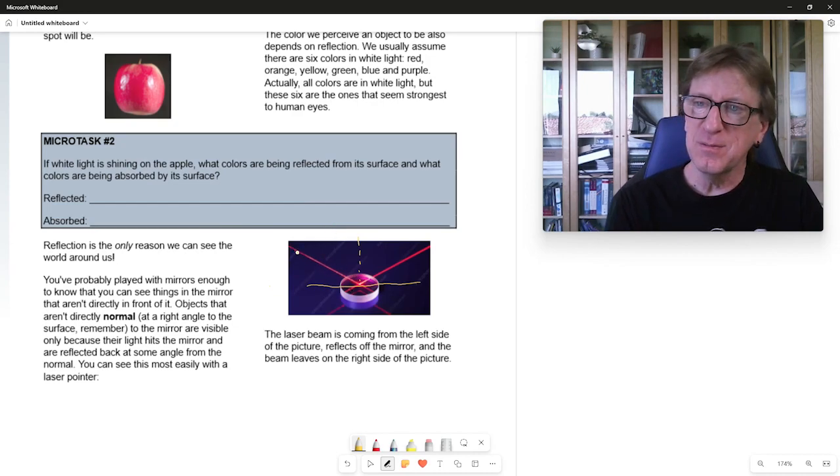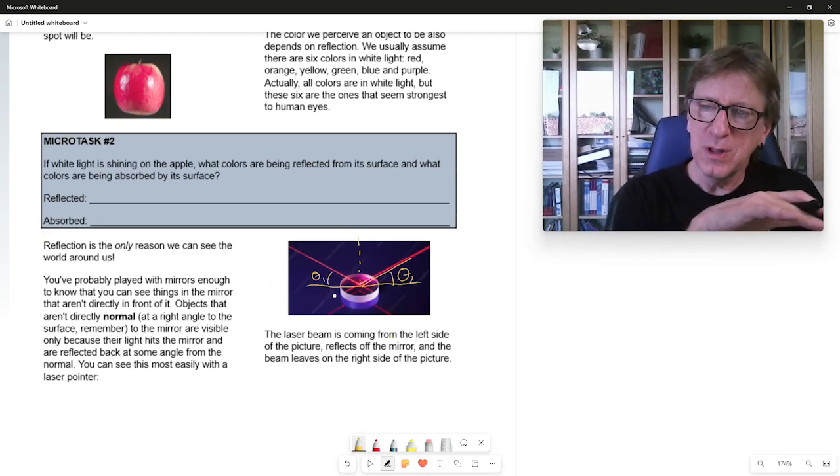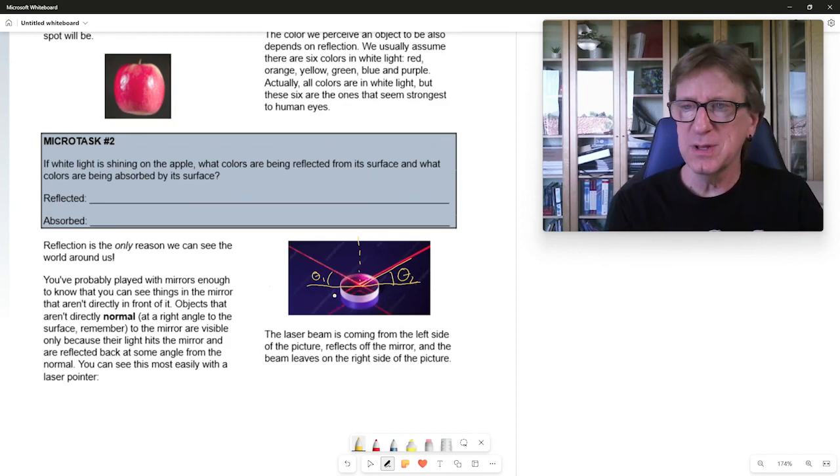However, if the light wave is coming in at some angle from that normal, and we can measure this one, call it theta 1, then it's going to come out at some other angle, theta 2. Right now, we're not sure how these two are related to each other. Now, I'm defining it right now relative to the surface of the mirror because that's kind of the most intuitive way to do it. What we're going to see in just a minute is that physicists usually are going to define things from this normal here.